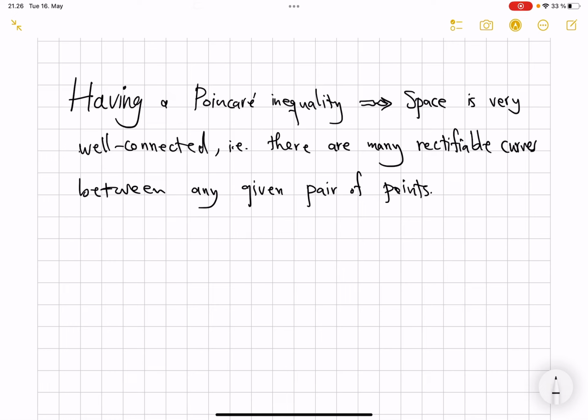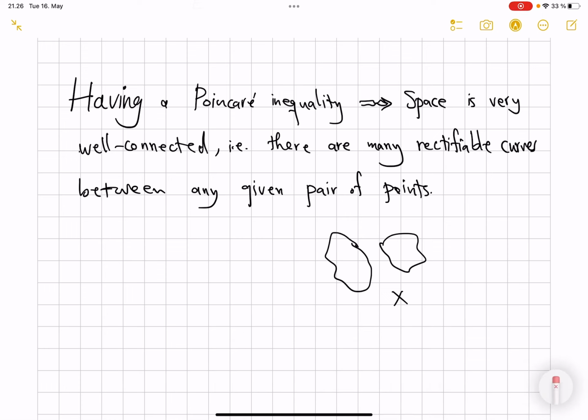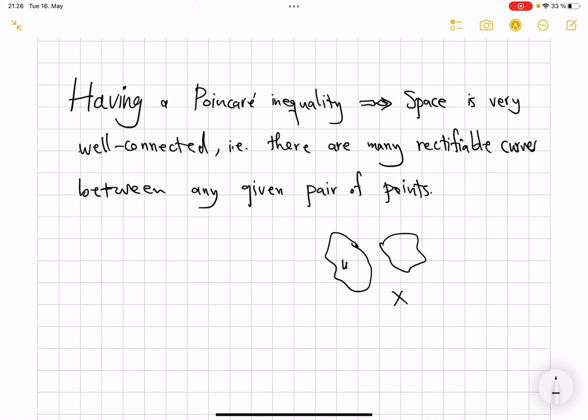This we can just easily prove. If you have two separate connected components of your space X, then you can put a constant value in here. So you can say, let's say U is just 1 on this set, and then you can have U equal to 2 on the other set.